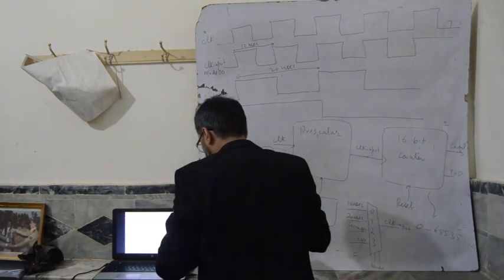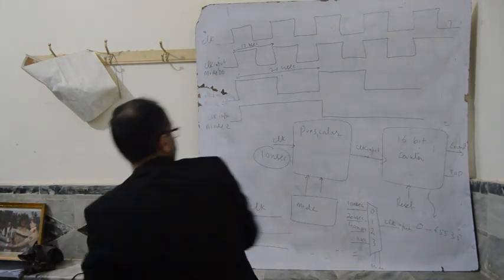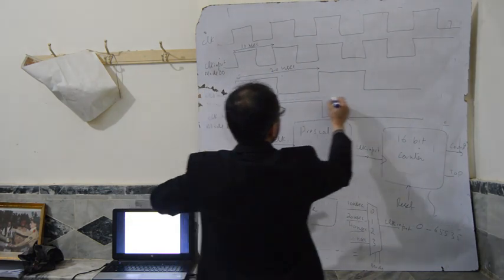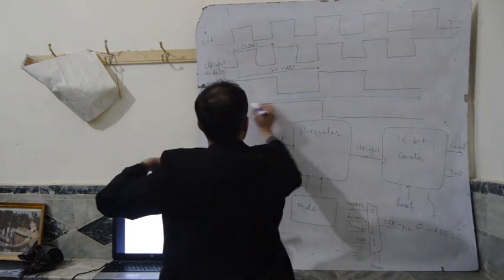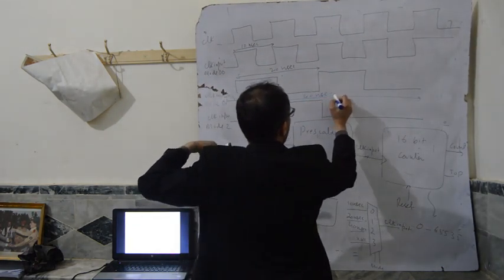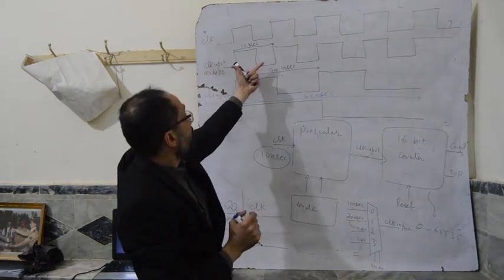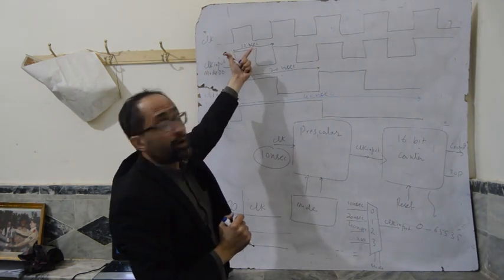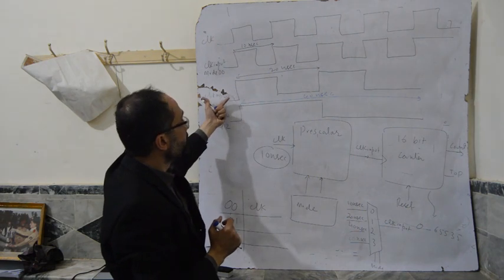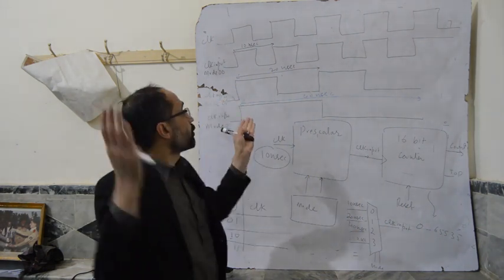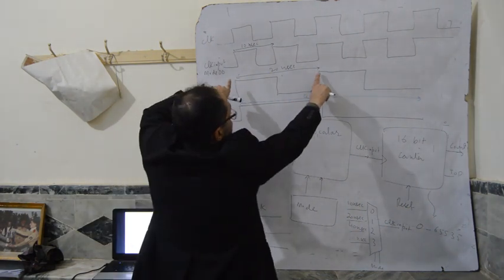So now this duration is 40 nanosecond. So in mode 0, we are using the clock as normal. In mode 2, we are increasing the duration of the clock period. So the clock period is now increased.